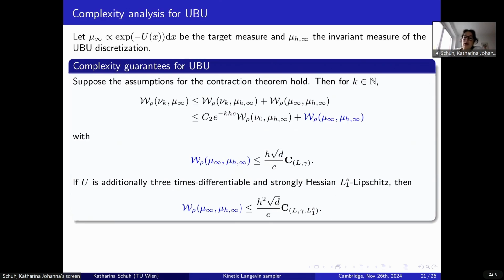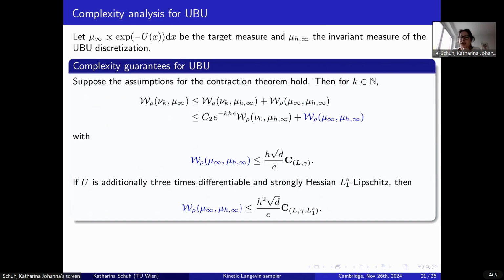But if we assume more regularity on our potential u, in particular if we assume that it's 3 times differentiable and has a strongly Hessian Lipschitz, then we can actually bound this difference between these two measures by h squared times square root of d.